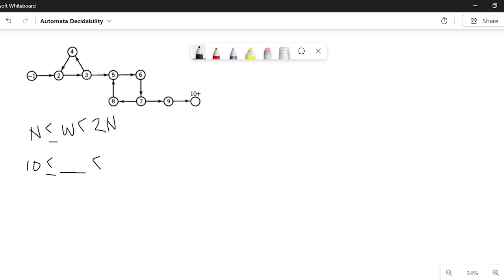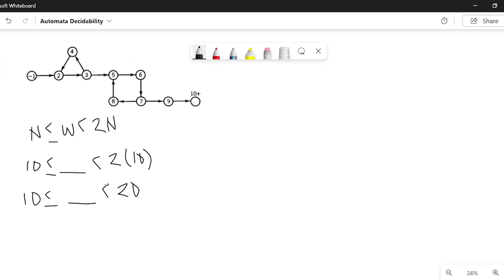The upper bound is 2 times 10, which is 20. So clearly, the length of W should be greater than or equal to 10 and less than 20.